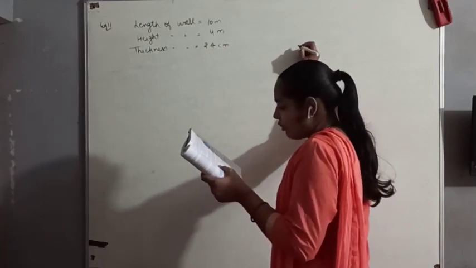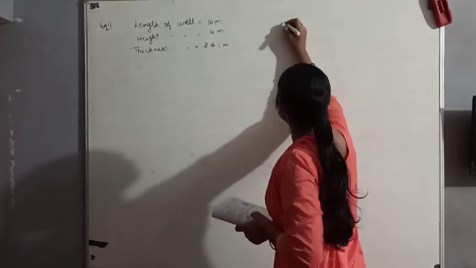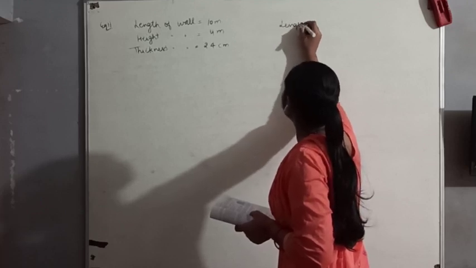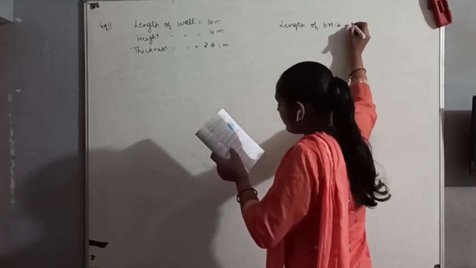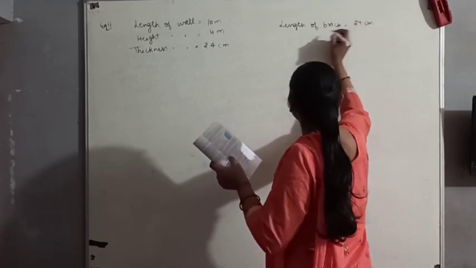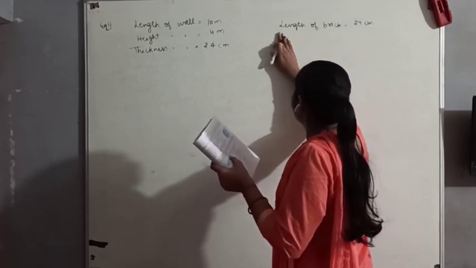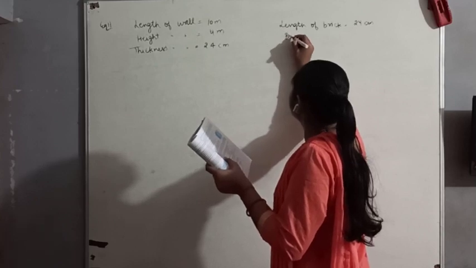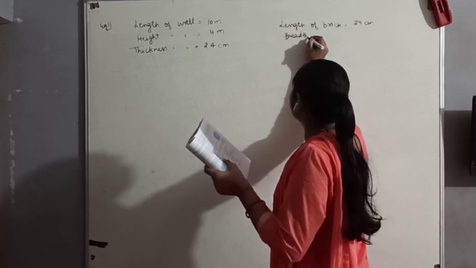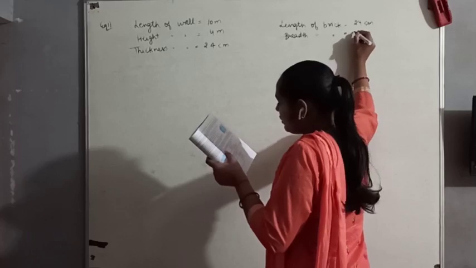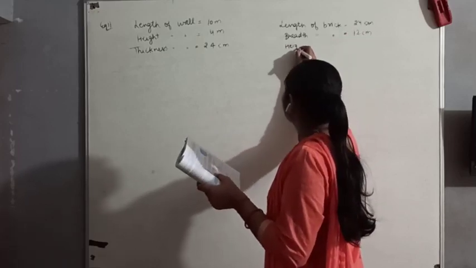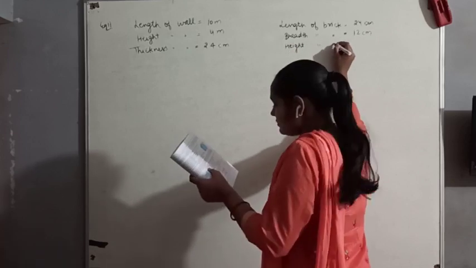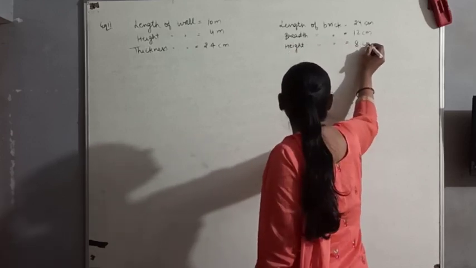Similarly, dimensions of brick, that is length of brick, that is equal to 24 centimeter. Breadth, or you can write width of brick, that is equal to 12 centimeter, and height is 8 centimeter.